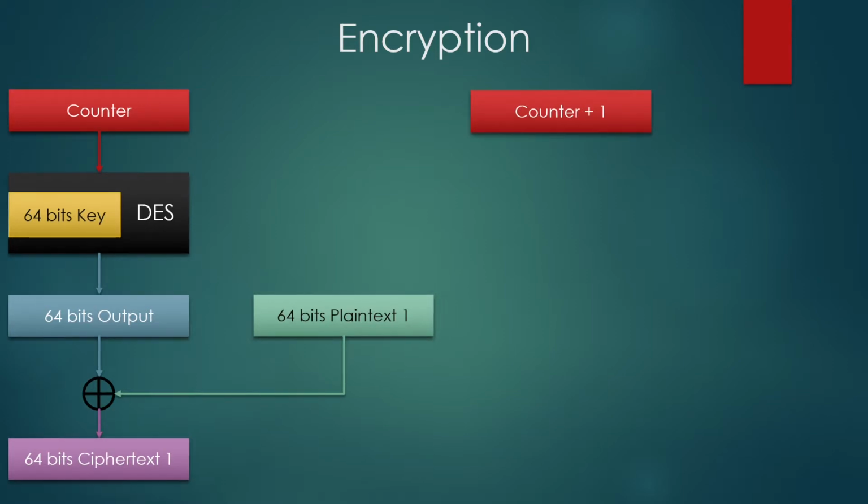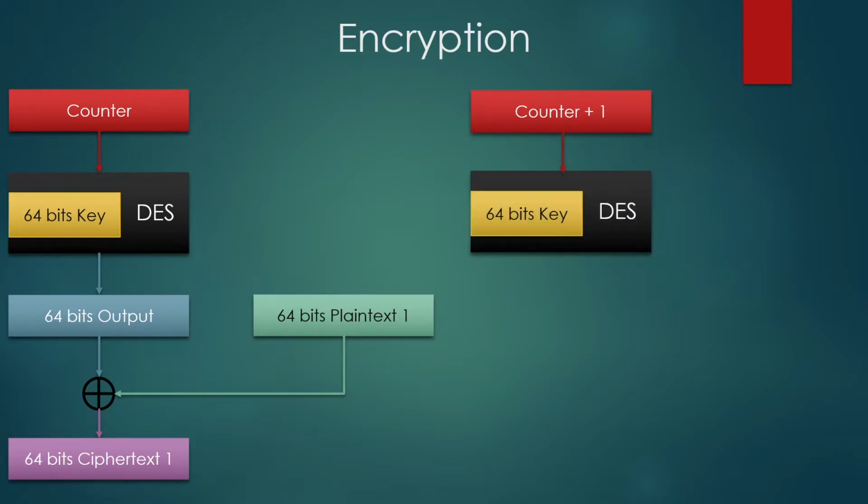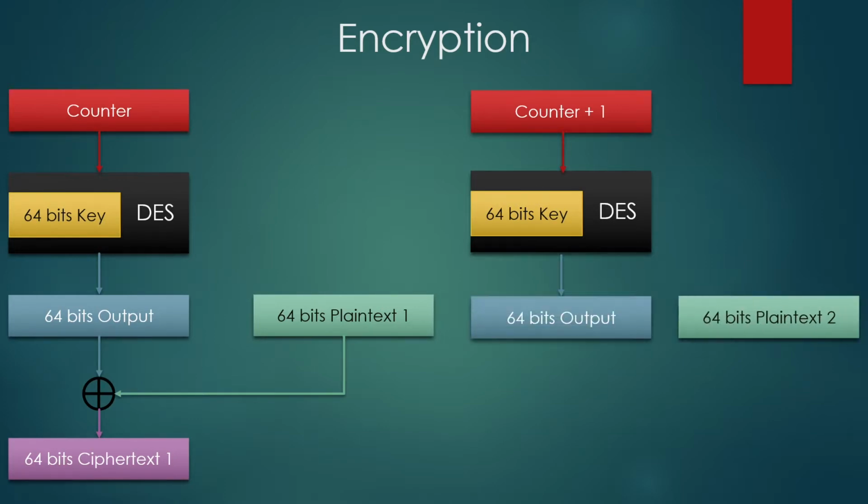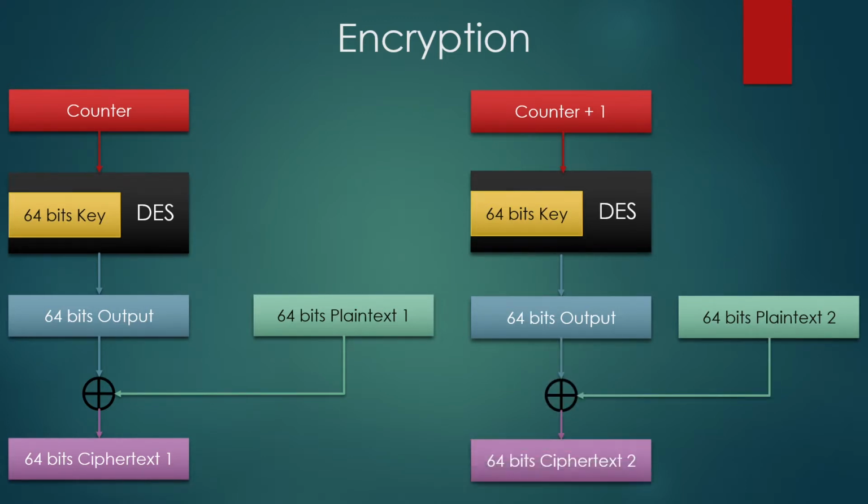Now this new counter value, which had been incremented, will be used as the input block for the encryption method. The output of this block will again be XORed with the next plaintext block to produce the next ciphertext block.